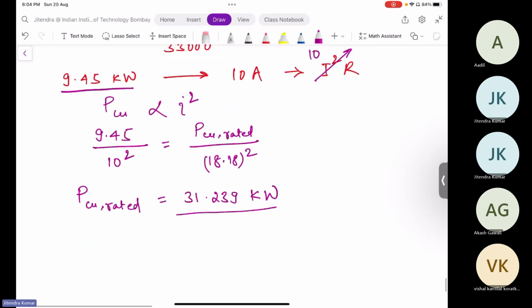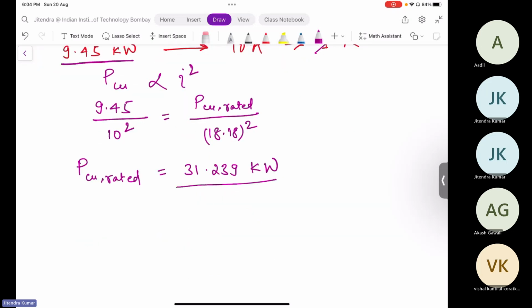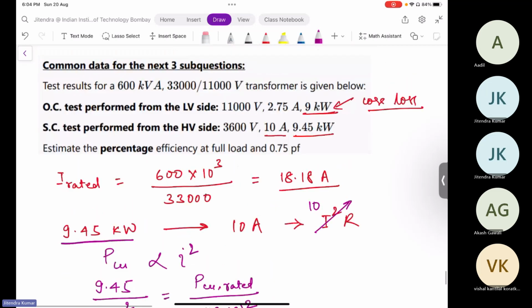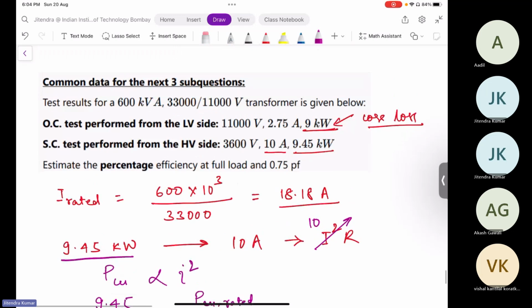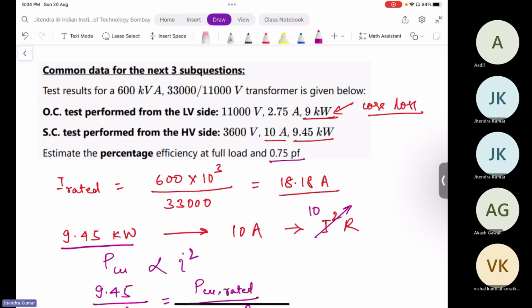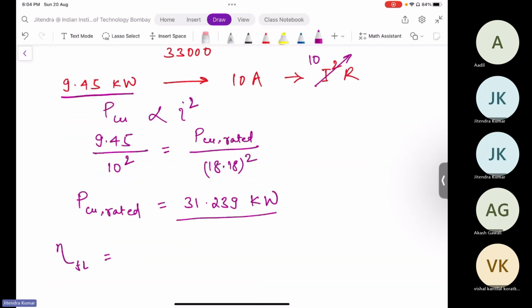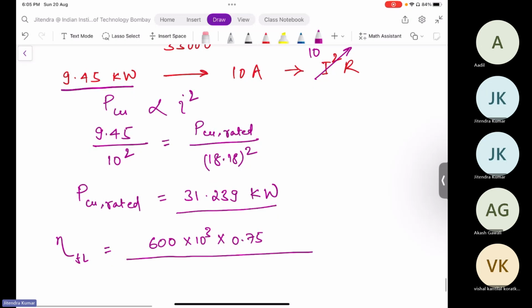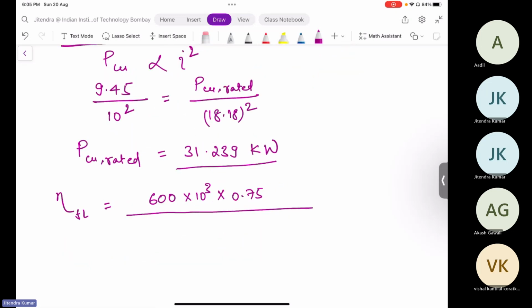Now you can compute efficiency at full load. Efficiency at full load is equal to the output power, which is the rated 600 kVA into 0.75 power factor, divided by output plus losses.